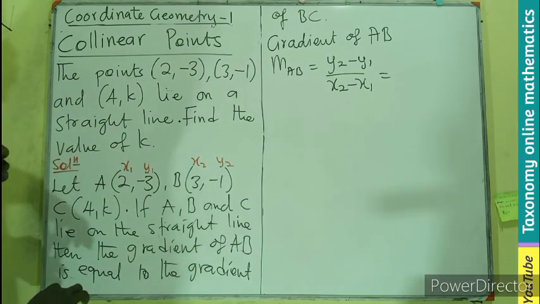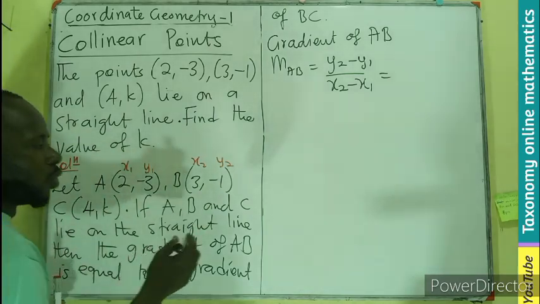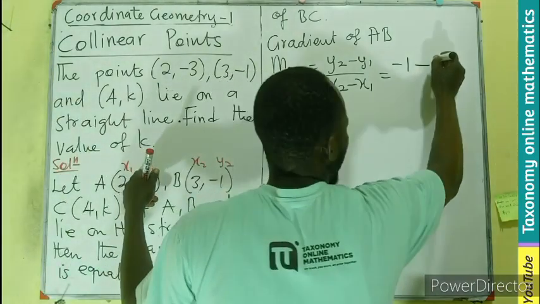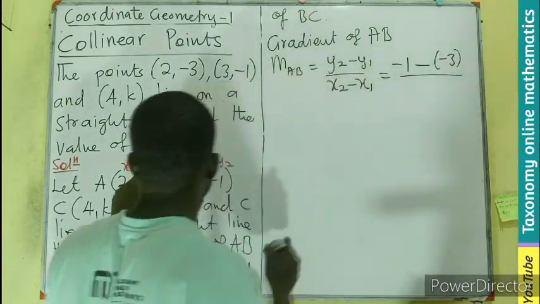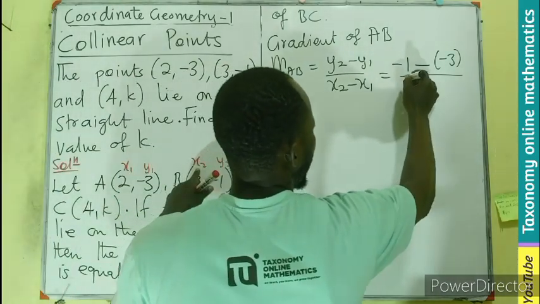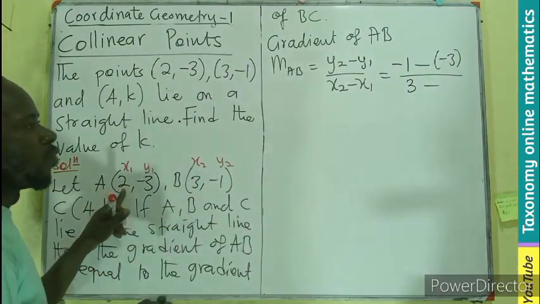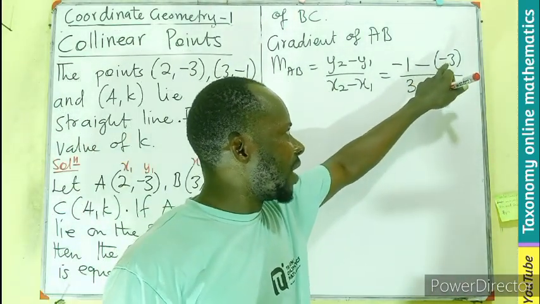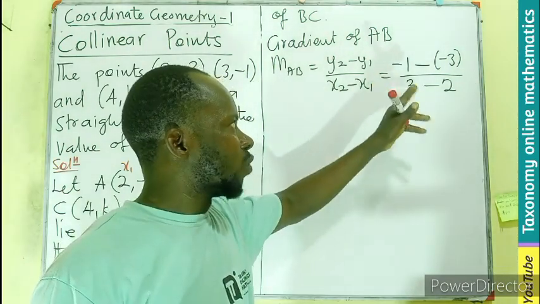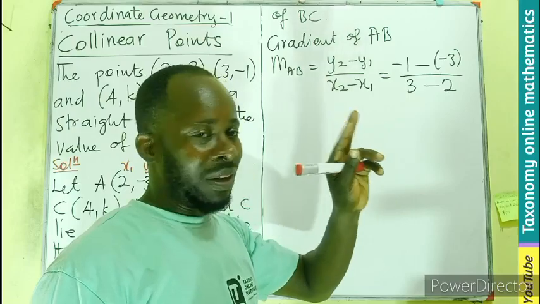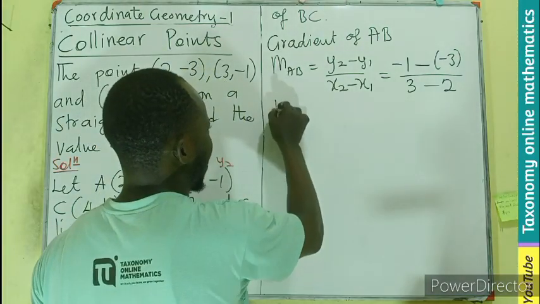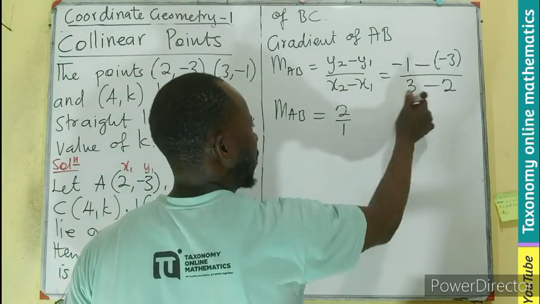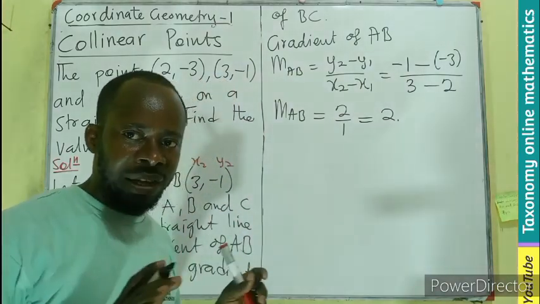So we do substitution. y2 is negative 1 minus y1, which is negative 3, all divided by x2, which is 3, minus x1, which is 2. In our numerator, the negative and negative together become positive, so minus 1 plus 3 gives us only 2. So the gradient of AB equals 2 divided by 1, which equals 2. That is the gradient.